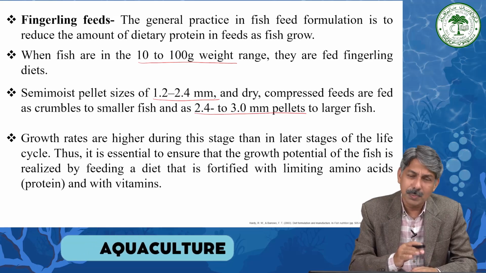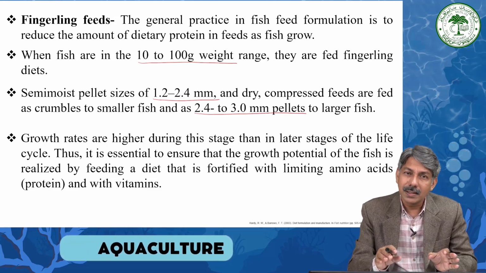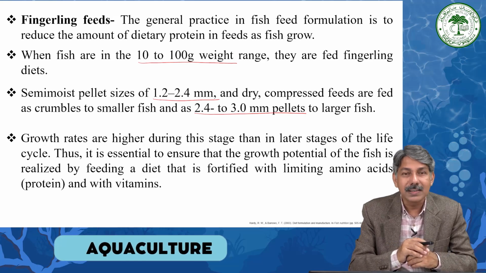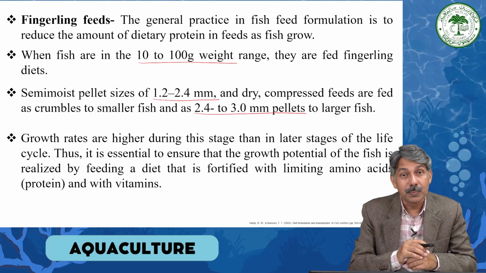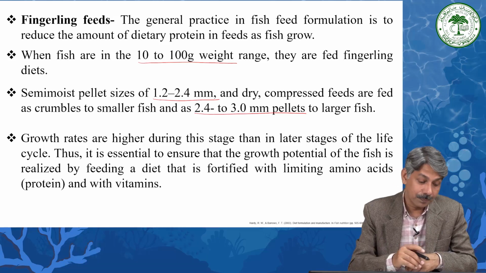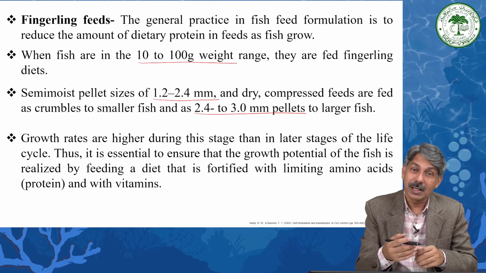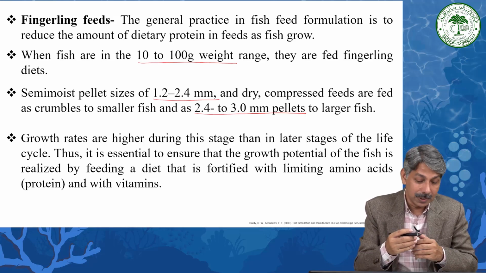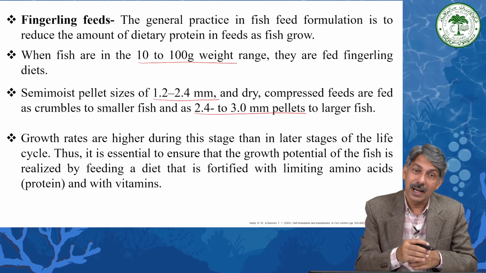So depending on the size, you will have to adjust the pellet size also, and you will have to take appropriate measures to ensure the quality of the diet also, so that whatever nutrient you are providing to the fish must be consumed by the fish intact.